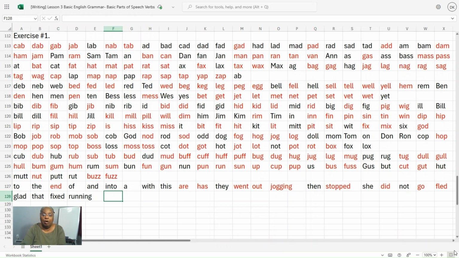This is why most of the verb words in exercise 1 are identical to the noun words within lesson 2 of the writing series. The best way to know the meaning of words and the ways in which a word is classified is to look the word up in the dictionary.